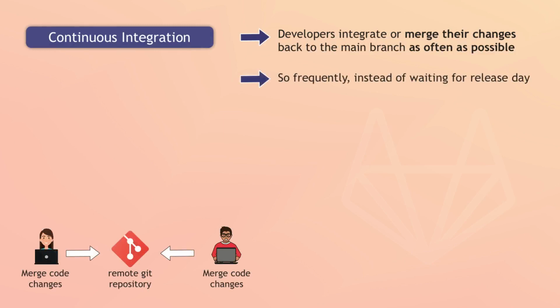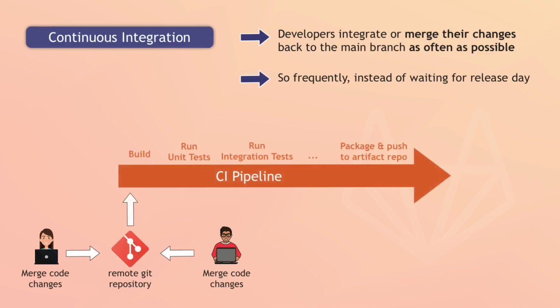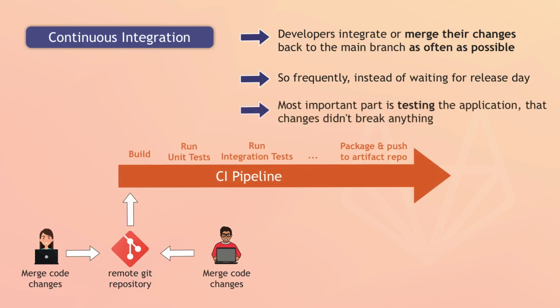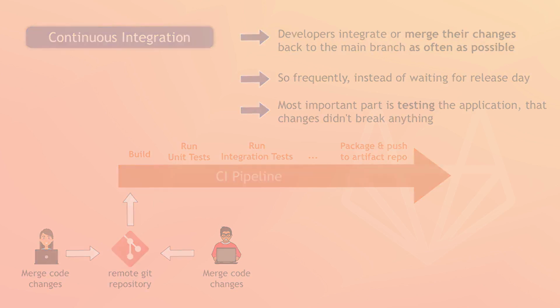So the code changes get continuously integrated into the main branch, which means merged, so others can update their local state and then test it to make sure the changes didn't break anything in the application. And that's what the CI, or continuous integration, actually stands for.